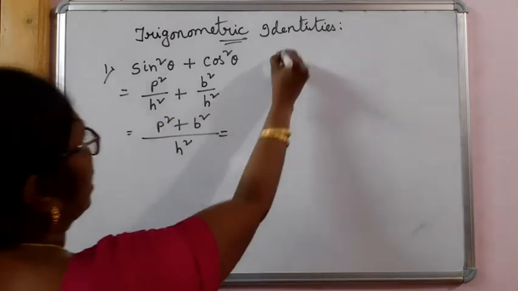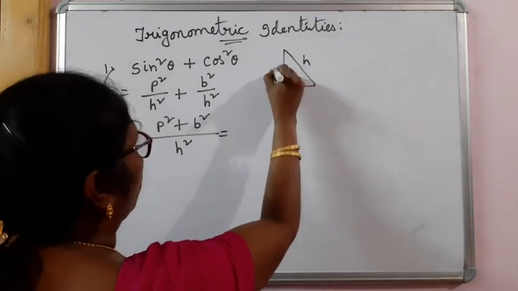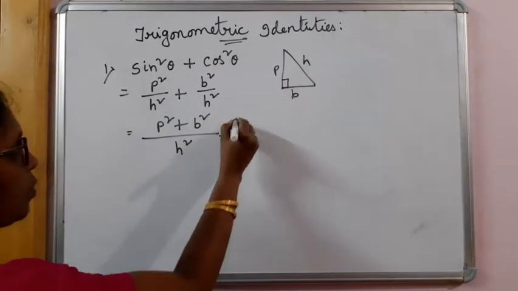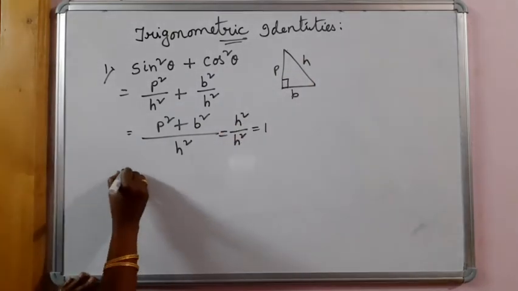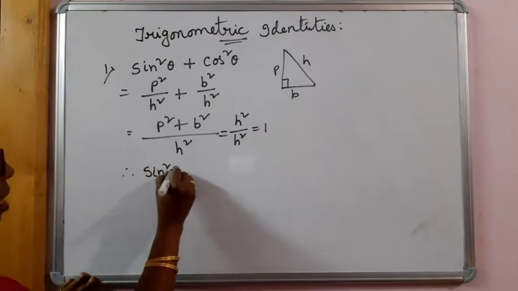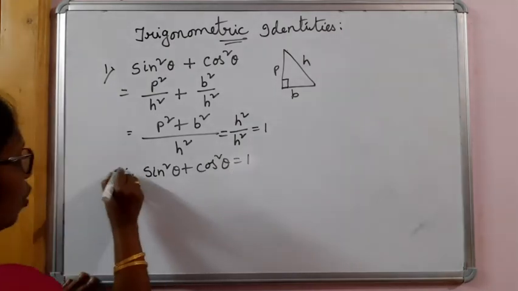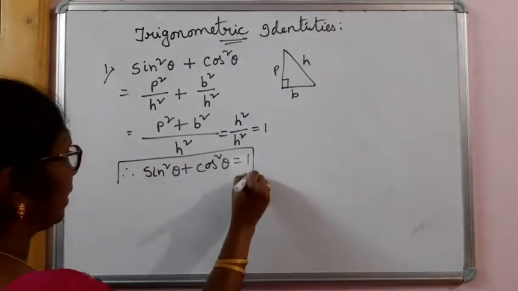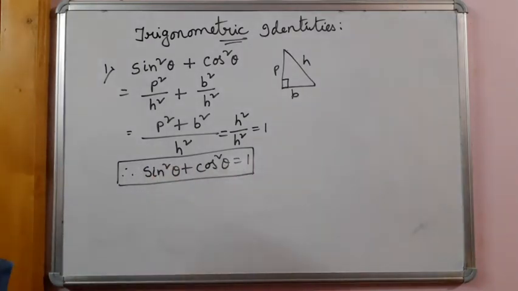You know that in a right angled triangle, hypotenuse square is equal to perpendicular square plus base square. So h square by h square equals 1. Therefore, sin square theta plus cos square theta is equal to 1. So this is an identity, an equation having the trigonometric ratios.